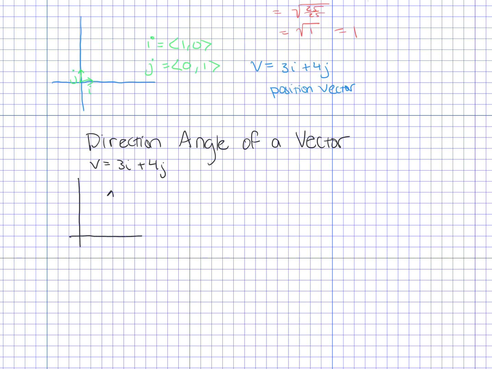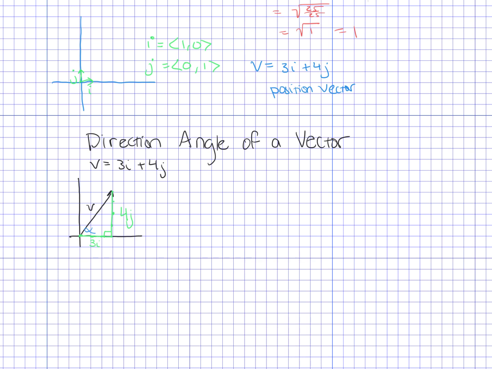So when I graph this out, it'll go to about here, where again, 3 along our x value is our 3i, and 4 along our y value is our 4j. Now, when I'm looking here, I notice I have created a right triangle. And if I'm trying to find the angle here for our value of alpha, I notice that I have my opposite side, I have my adjacent side, I'm looking for the angle.